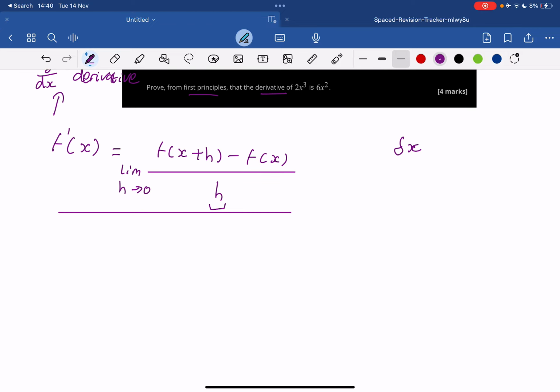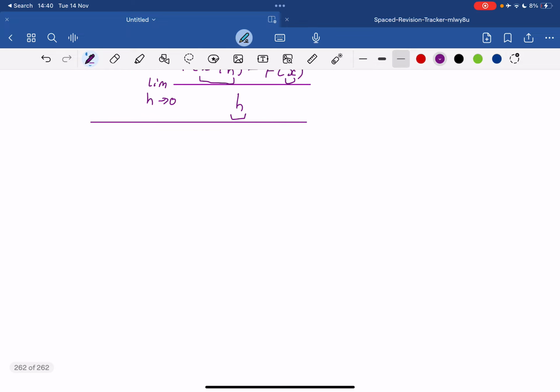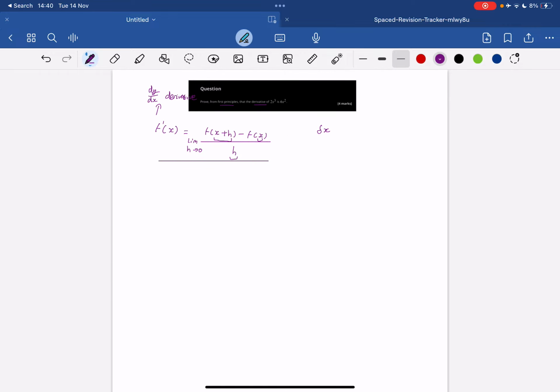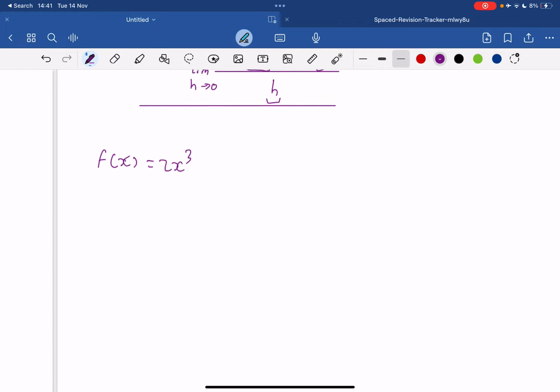F of x plus h means we replace the input of x with x plus h. Now I'll demonstrate what this means next. So, let's start with the question. In this scenario, f of x equals 2x cubed, because that's the original function. We want to get to the derivative of 6x squared.